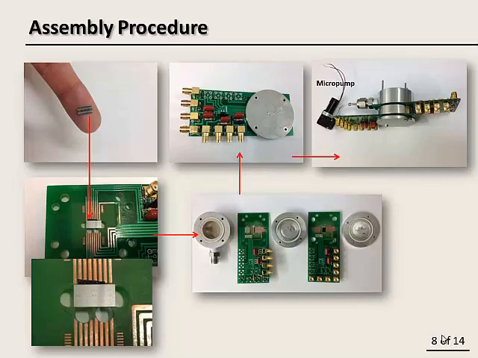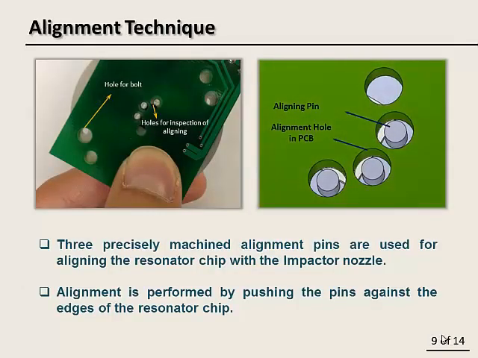We have 2 of these for each PCB for each stage, and then each of these PCBs will be assembled with the correlated impactor stage, and at the end they will be tightened using bolts. And here is the micropump we will use for making the partial vacuum on one side of the particle counters.